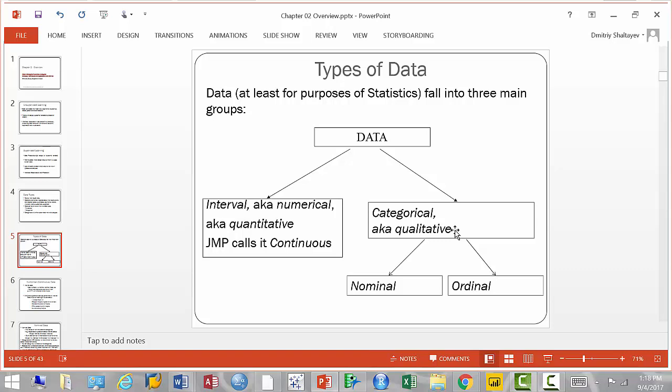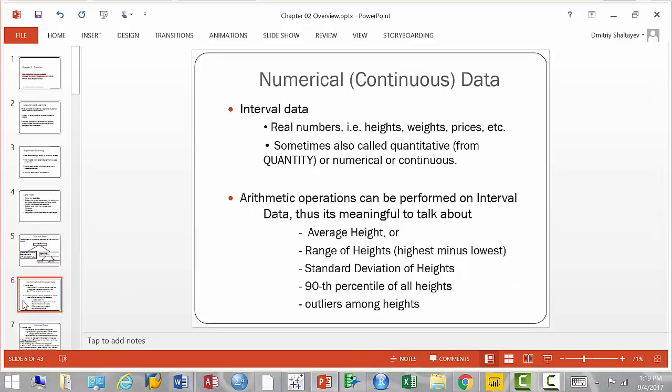Categorical is further subdivided into 2 subtypes: categorical data can have a nominal data type or ordinal. Let's discuss them. So let's start with numerical. Numerical, like I said, real numbers. Can be weight, temperature outside, prices of items, height of human beings, salary, how much money people are making, anything.